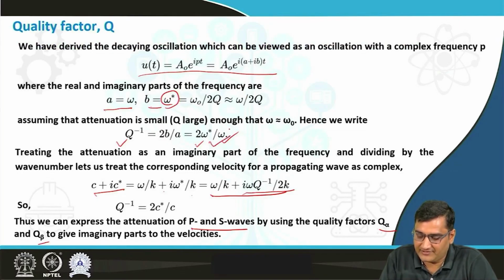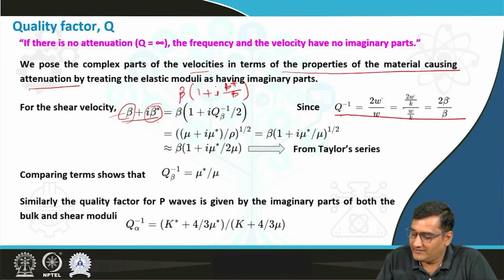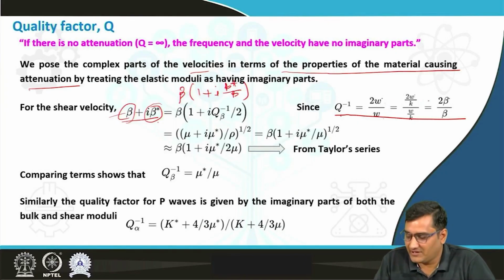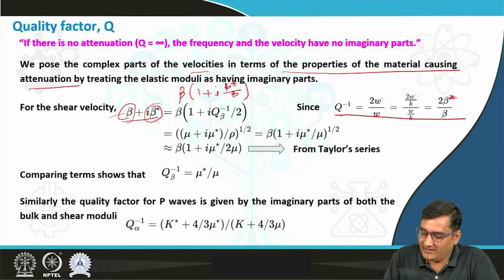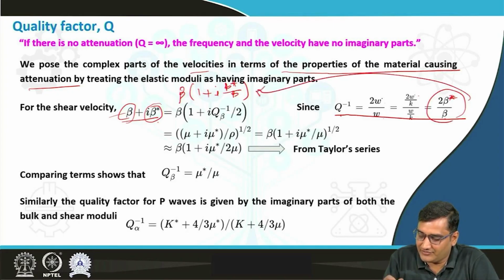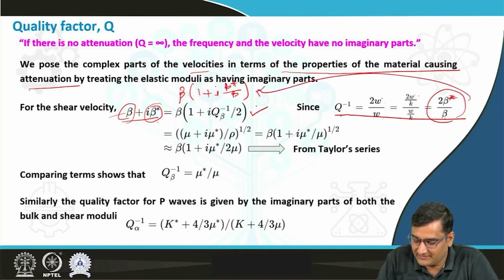After dividing both the denominator and the numerator by the wave number, we get 2 beta star by beta. And when we incorporate this value into this equation, it becomes beta into 1 plus iota Q beta inverse by 2.